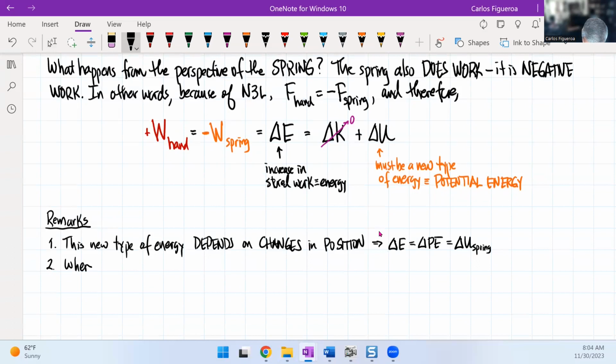Where is this energy stored? We look at the spring.